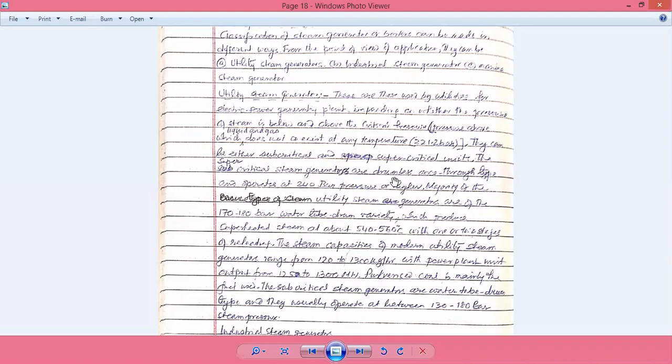This is the first chapter, and this chapter is made by myself. It is not available in the book because I have gathered the information from different chapters, different books. In your syllabus, this is given as the introductory portion, telling you something about all the constituents of the boiler or power plant generating units.